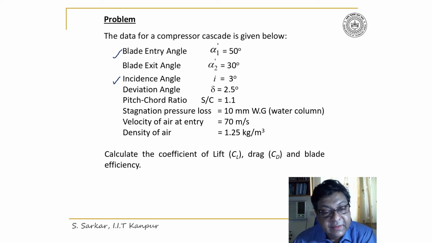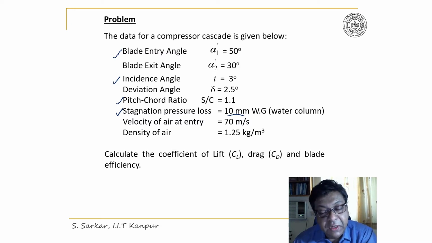Deviation delta is 2.5 degree. Pitch to chord ratio S by C is equal to 1.1. Stagnation pressure loss del P0 is stated as 10 millimeter of water gauge, that's water column.